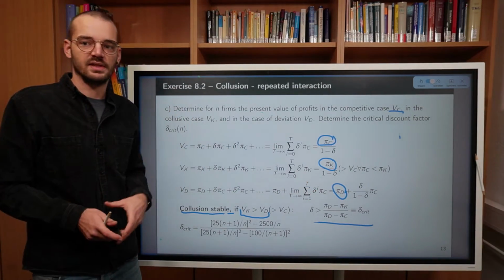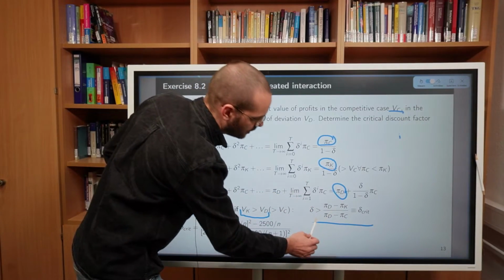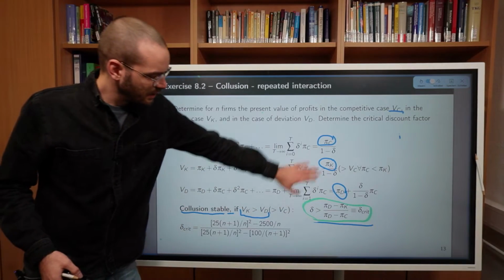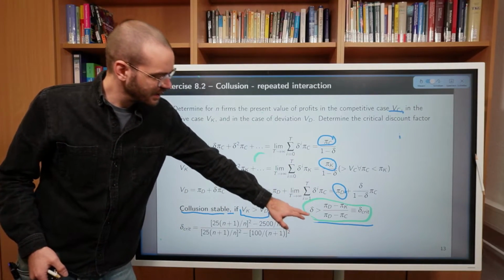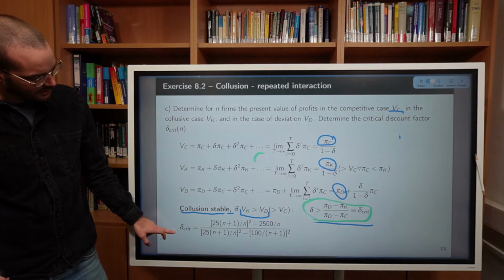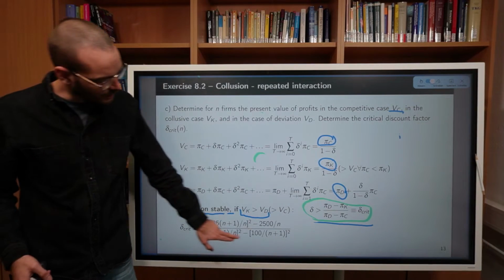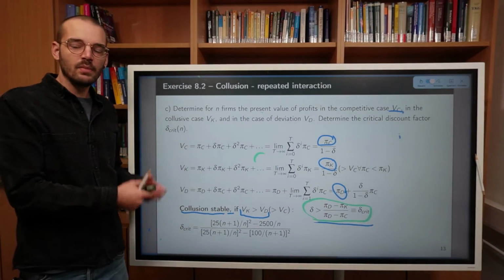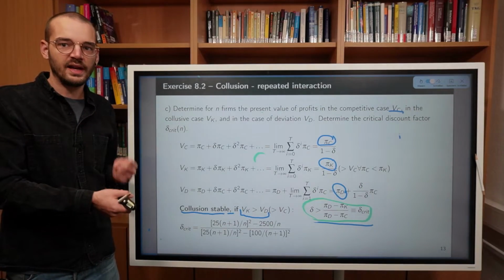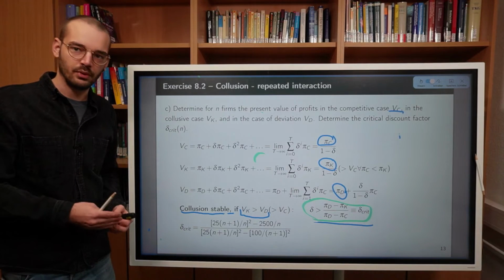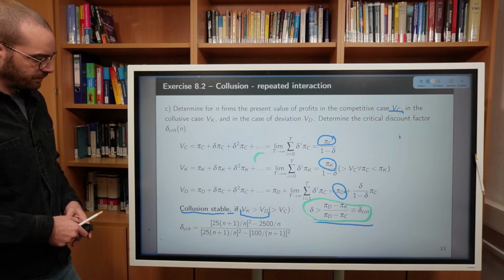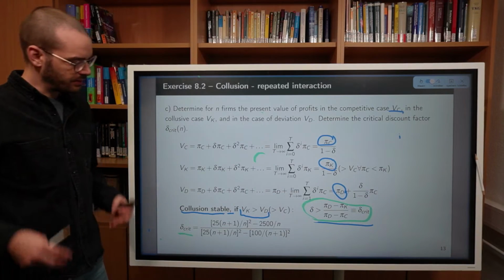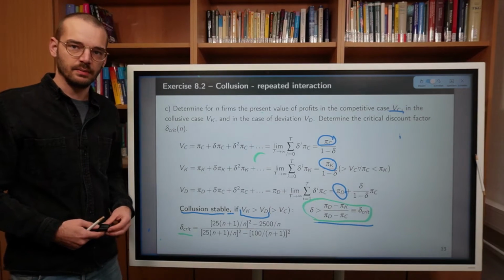We can now take these results and plug them into this expression we have just derived for the critical discount factor, and if we do so, we have a function delta crit that depends on the number of firms in the market. So this is the critical discount factor for the very model we were discussing throughout this whole exercise 8.1 and 8.2. All right, so in this market, this is the critical discount factor as a function of the number of firms in the market.